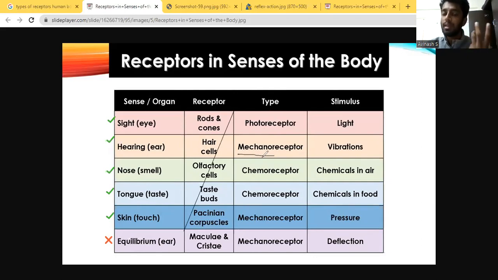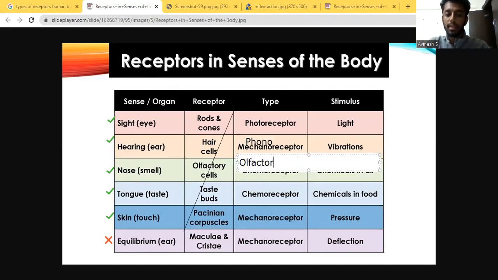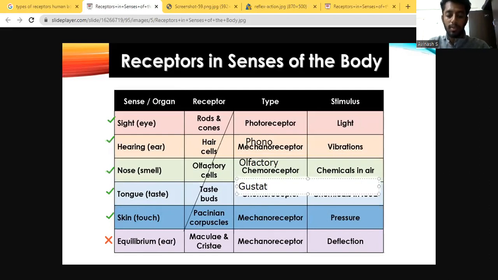Mechanoreceptor is something that acquires information about what you hear. Chemoreceptor is something that acquires information about what you smell. And the same thing is also for tongue and also for skin. Now they have other names also. Mechanoreceptor is also called the phonoreceptor, chemoreceptor is also called the olfactory receptor, and the tongue receptor is also called the gustatory receptor.